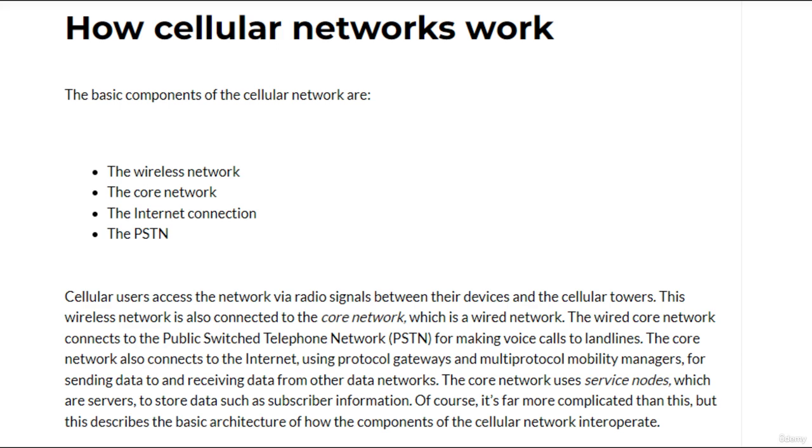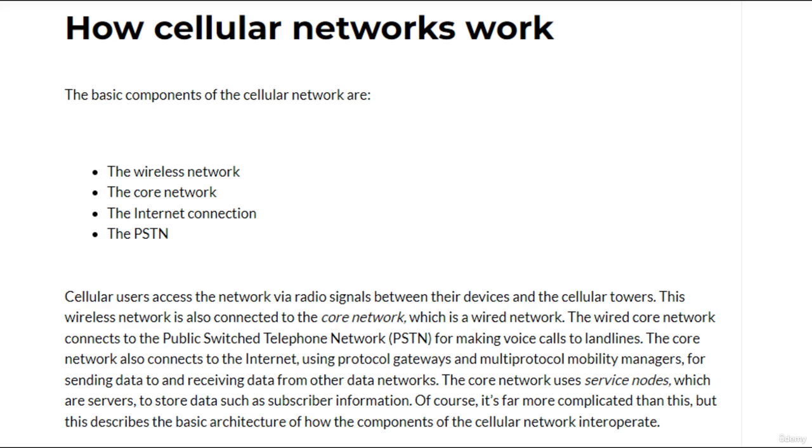This wireless network is connected to the core network, which is a wired network. The wired core network connects to the public switched telephone network, PSTN, for making voice calls to landlines.